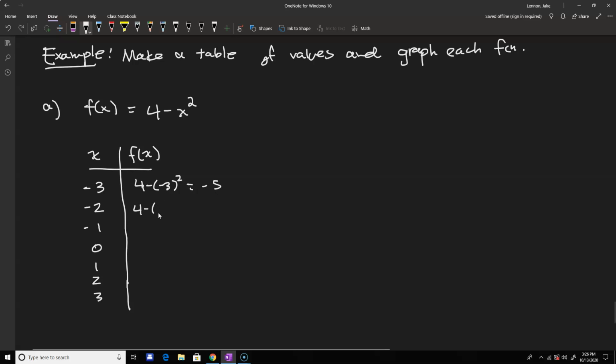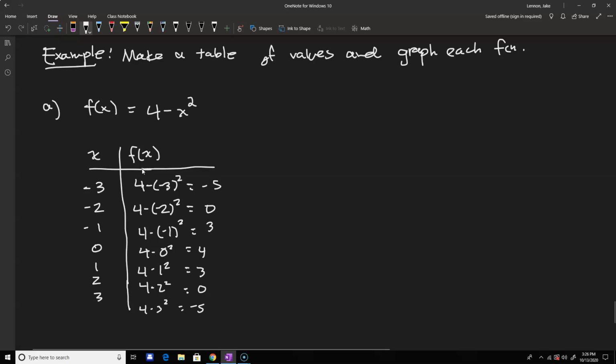Here we would have 4 minus -2 squared, that would be 0. 4 minus -1 squared would be 3. 4 minus 0 squared would still be 4. And then we get some symmetry. 4 minus 1 squared is 3. 4 minus 2 squared is 0. And 4 minus 3 squared is -5.